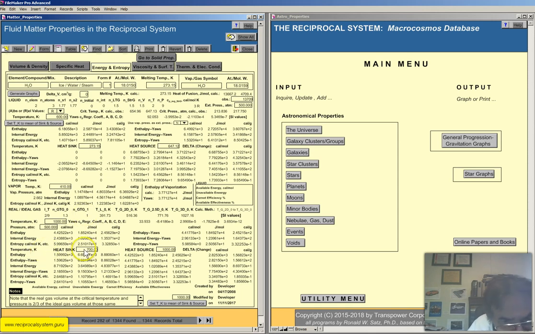And then, of course, we have the heat sink and heat source, just like we do for the liquid state up here. So then we calculate enthalpy, enthalpy Yaws, internal energy, and entropy. And you can compare the two. So you can see they're very, very close. It's very nice. And then the delta, the change. Okay?